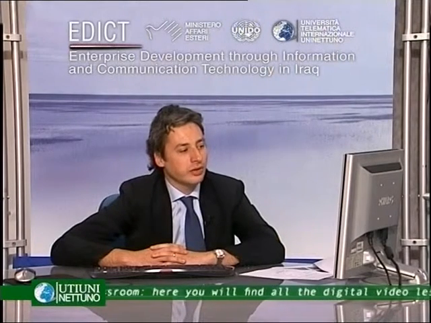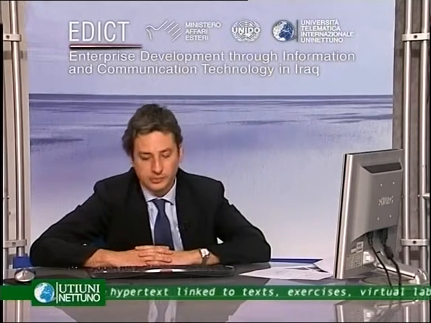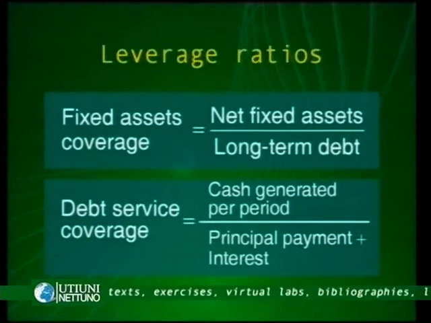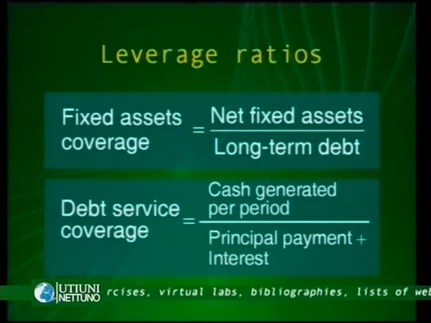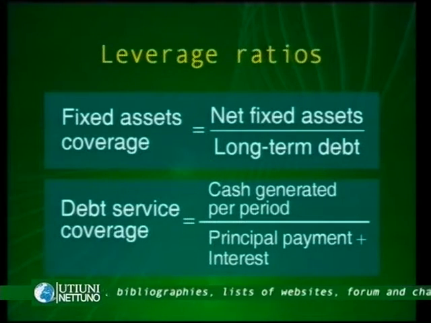The debt service coverage ratio instead is the ratio between the cash flow generated per period by the project and the total of debt service. By debt service, we mean the total payment that we make to serve debt. So it's the sum of principal payment plus interest payment. What we want is that the cash generated for each period is higher than debt service, because this assures us that the cash flow generated by the project will be high enough to cover the financing need related to debt service.